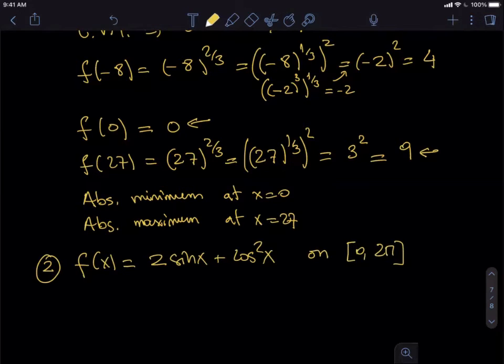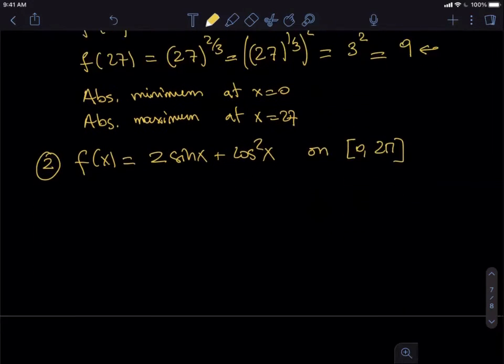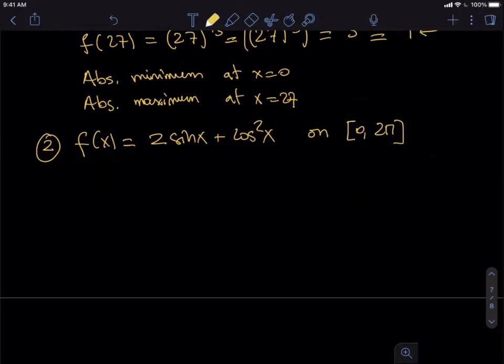Again, because this is a sum of two standard functions, 2 sine of x and then the cosine square of x, and the interval is a closed interval, we have a continuous function over a closed interval. So we will be good according to the extreme value theorem.